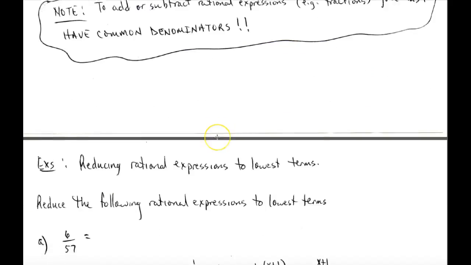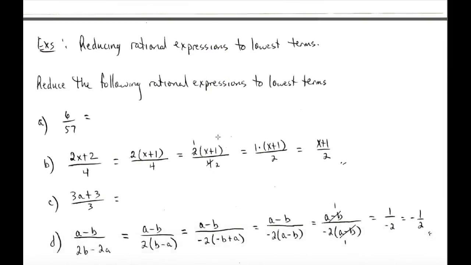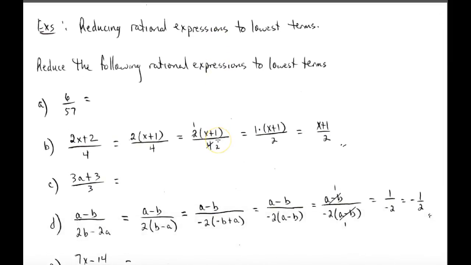All right, so now let's get into some examples here. So for this first one, we notice that we're just going to reduce the fraction 6 over 57. And if you notice here, the digits on bottom, 5 and 7, add up to 12. So by our divisibility rules, we know that 57 is divisible by 3.